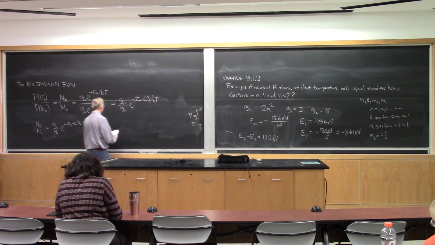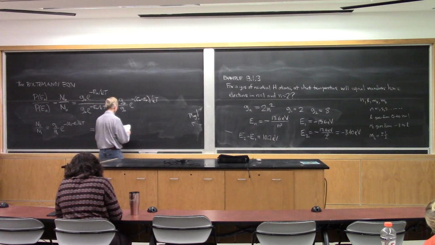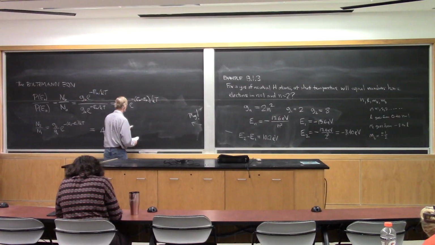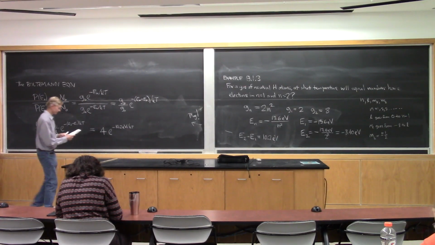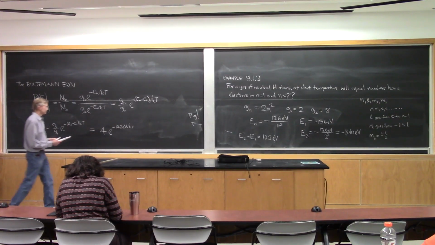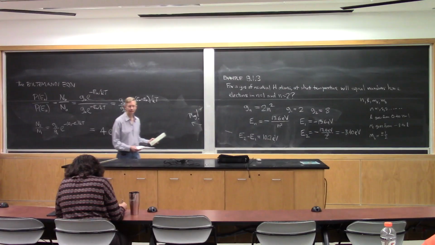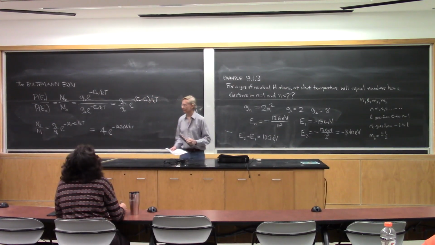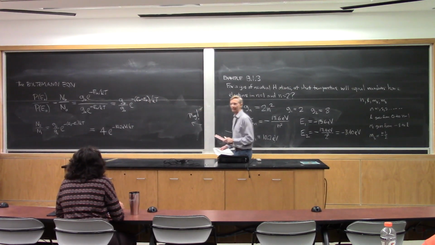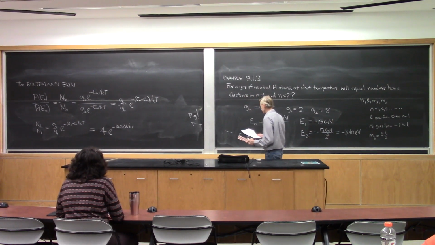So this is 4 e to the minus 10.2 electron volts divided by KT. So we should express KT in electron volts here. K can be written such that it's electron volts per Kelvin, so that KT is in electron volts.